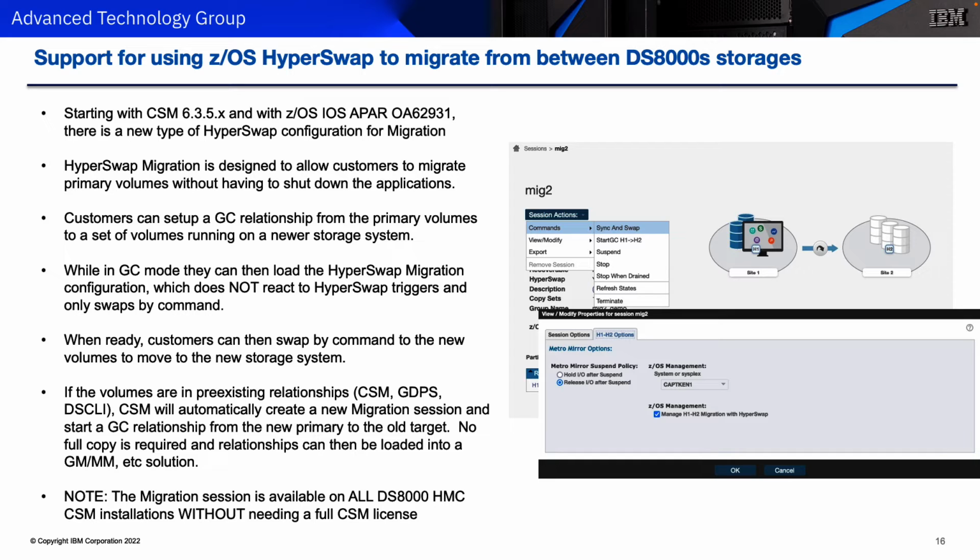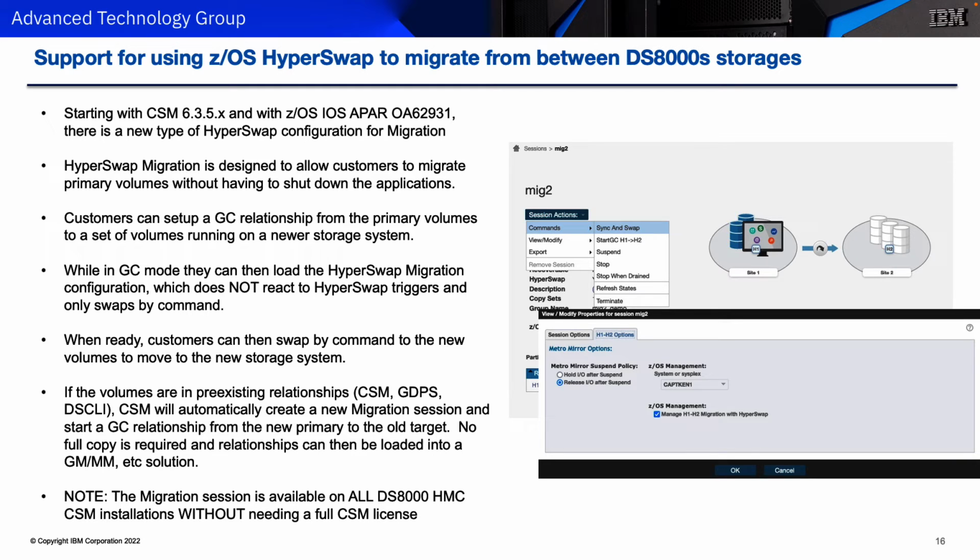CSM is preloaded on all DS8000 HMCs, and even without enabling a full CSM license, you don't have to buy CSM. In other words, you have access to CSM, and you have access to the migration session. So you could do this without even purchasing a CSM license. This is to help out all DS8000 customers, whether they're managed by CSM, GDPS, DSCLI, or some other product.